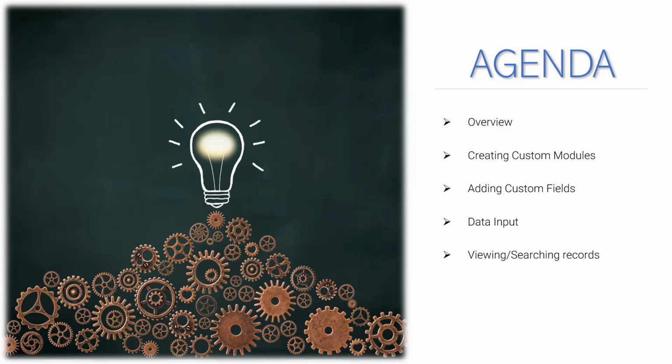Once you've filled in that information in, say, a sale record, you can convert the sale record to create a custom module record. So it will actually transfer the data into the custom module so you don't have to retype it. So I want to show you that capability as well. And then there's another field called a custom module lookup that allows you to pull data from a custom module into another module. So I'll show you those kinds of things. So we have lots of things to do today. And let's go ahead and get started.